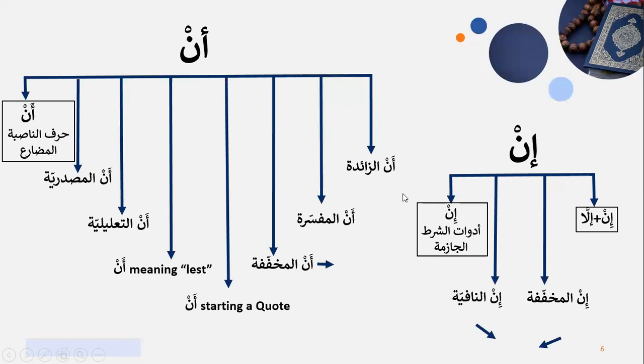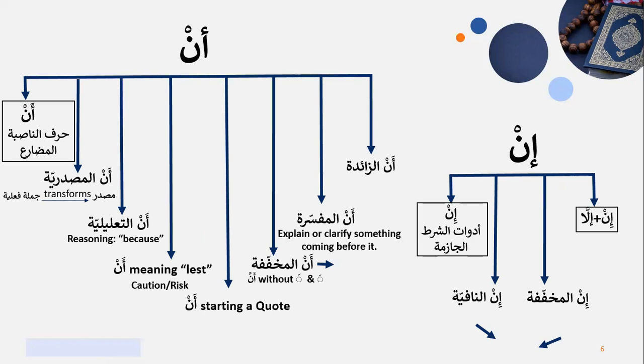So this brings us to the end of the whole chapter. Let's quickly revise. We've already done the revision of the various uses of an. In, you know that in adwatu shart jazima makes the shart lightest if there is a mudare. Also, in plus illa is the construction meaning no something except something.